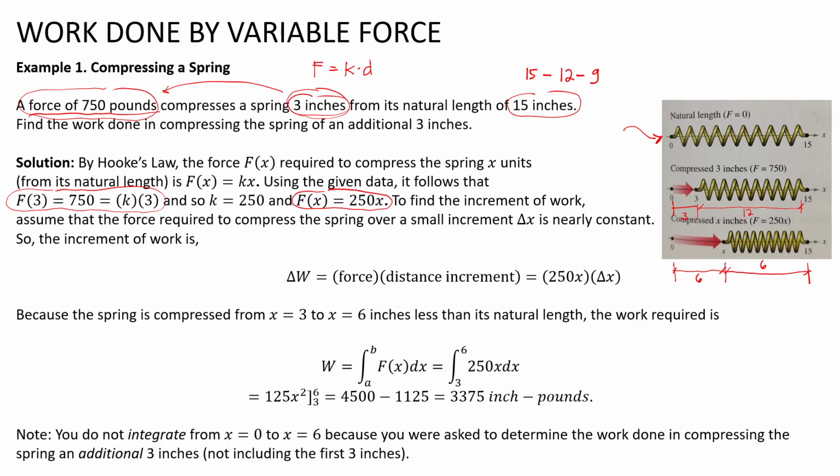So this is the force that we generate. The work, since we are making it a variable force because we are determining it with distance, will be force times the distance increment. The force is this portion here, and the distance increment is dx, or delta x, because we still need to determine the compression from the natural length.